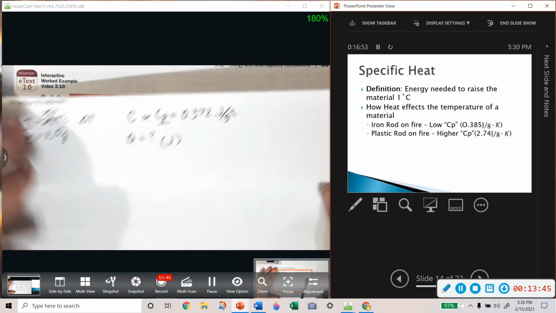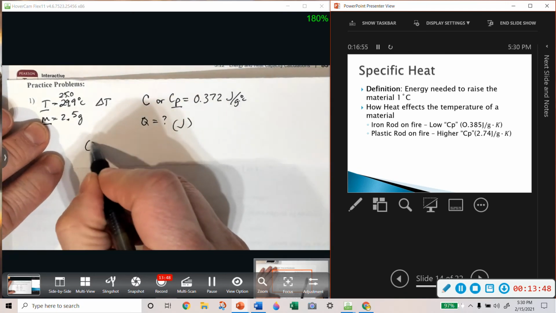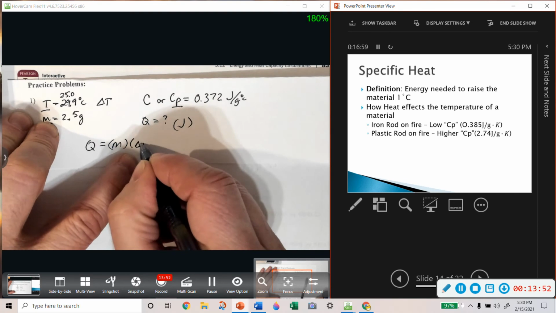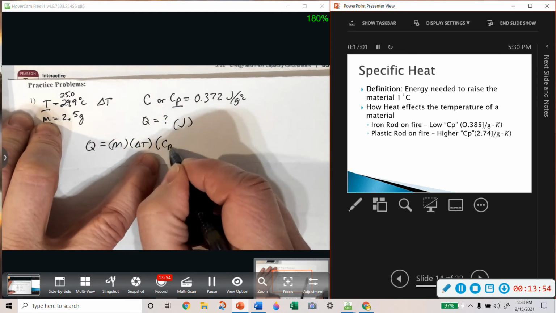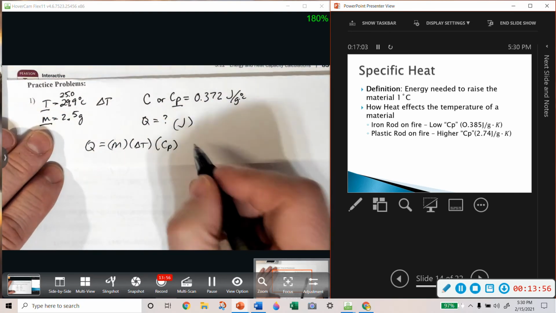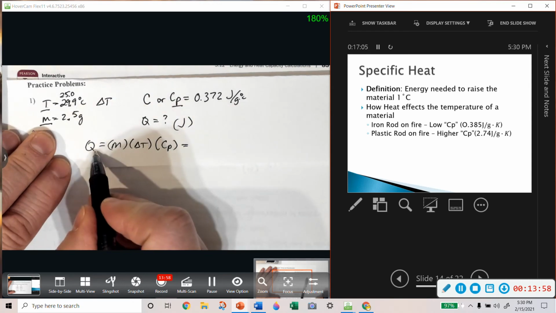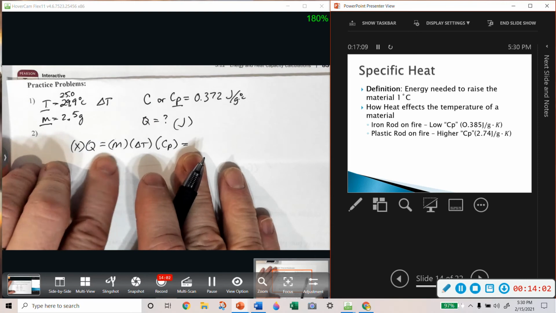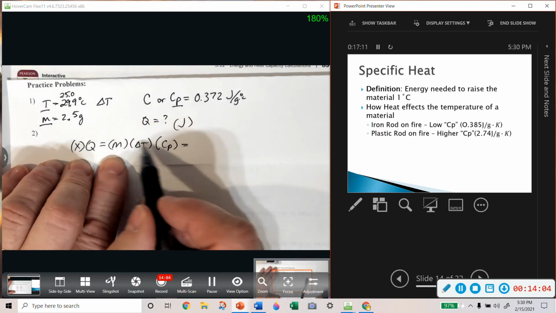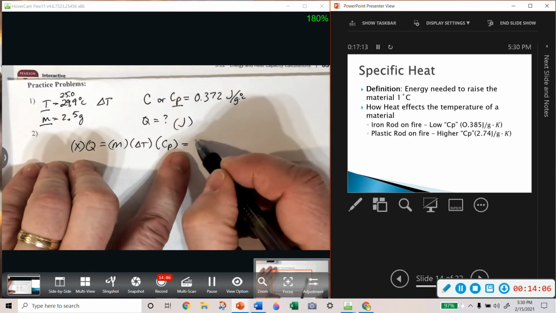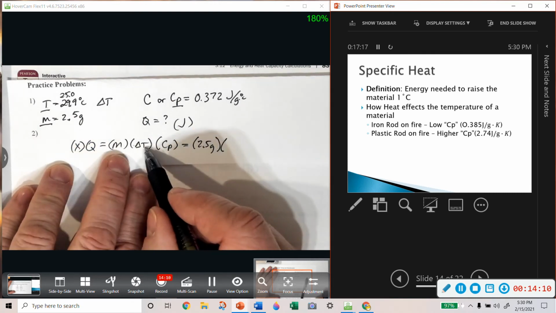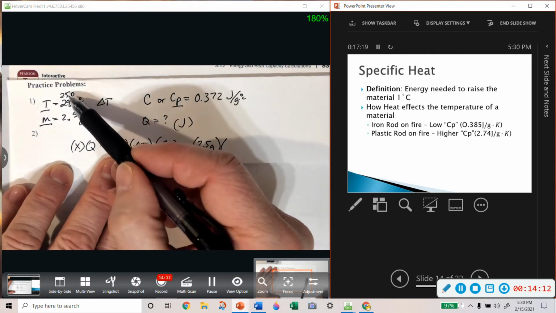So here we go. Q equals M times delta T times CP. So I'm going to put my numbers in. X goes here, which is perfect. So this is what I want to find. Okay? And I just have to put these numbers in. M is 2.5. Change in temperature is, remember, a change between these two.